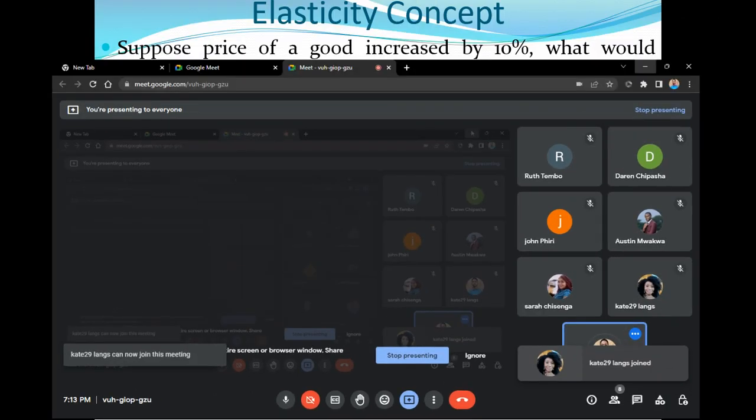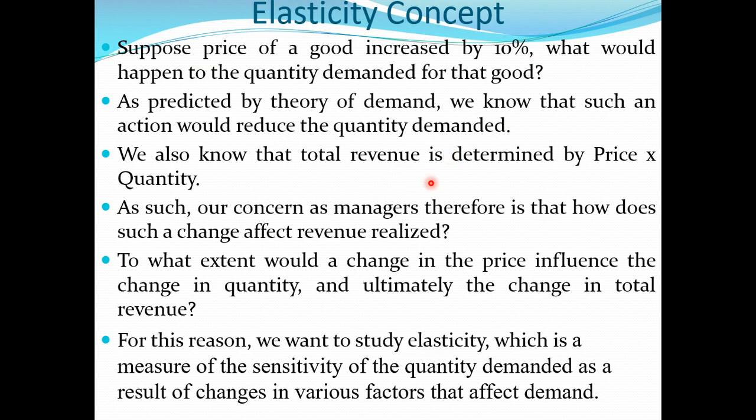So that is the idea of elasticity. We're going to analyze the impact of one factor on another. If one factor changes by 1 unit, how is that change going to impact another factor? That is elasticity.